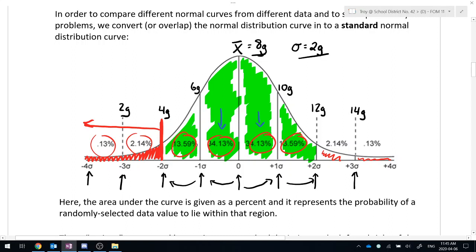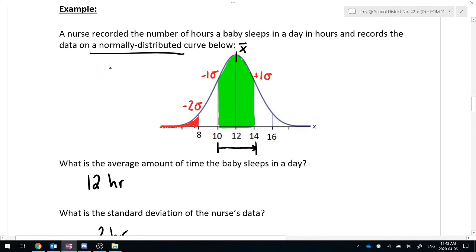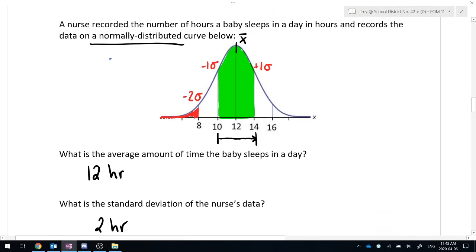From the exact middle to one standard deviation away, 34.13% of the data is there. Then another standard deviation is 13.59, and then another is 2.14, etc. And of course, we learned that the standard curve gets closer and closer to the x-axis, but never truly touches it.